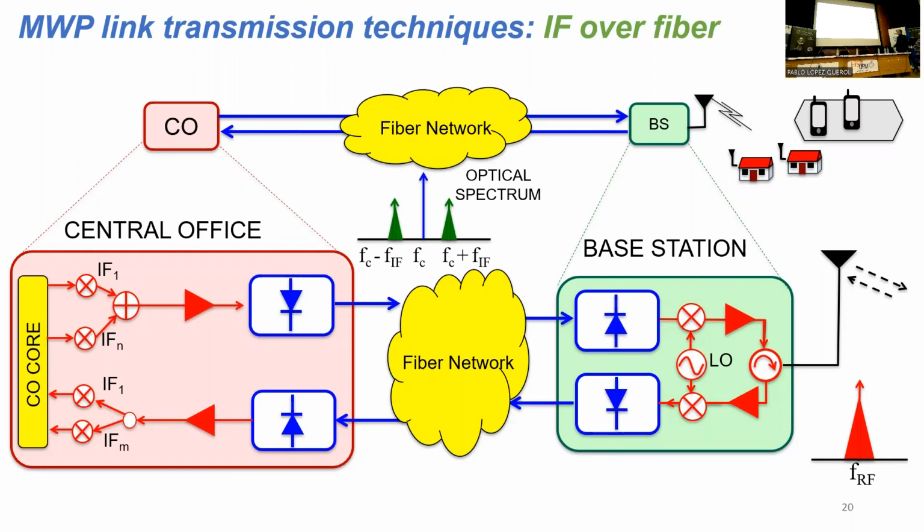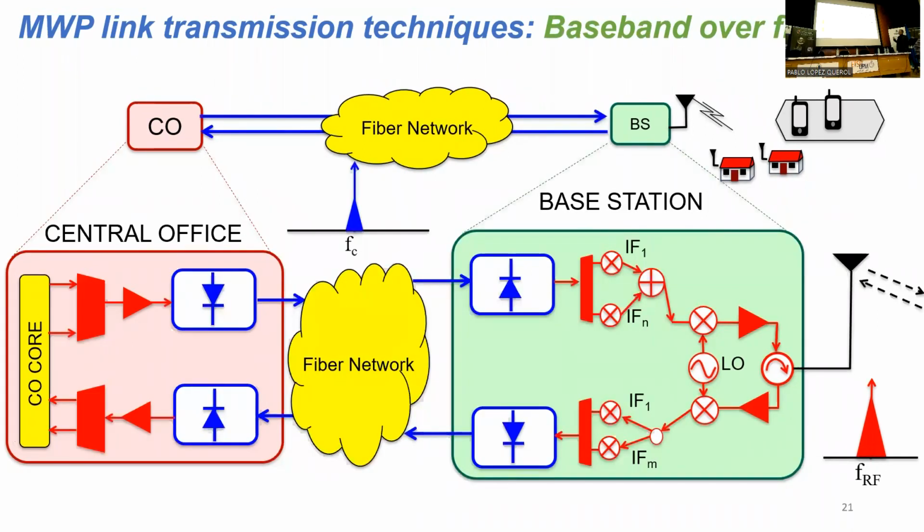And finally, this is probably the most widely used technique today, which is to use baseband over fiber. Baseband over fiber is that you don't care about radio until you're at the very end. You actually do baseband transmission, that's bits, ones and zeros, and when you go into the base station, then you have to do IF plus local oscillator conversion.